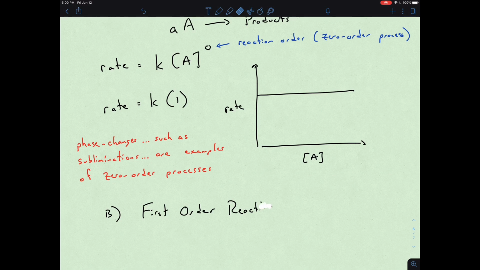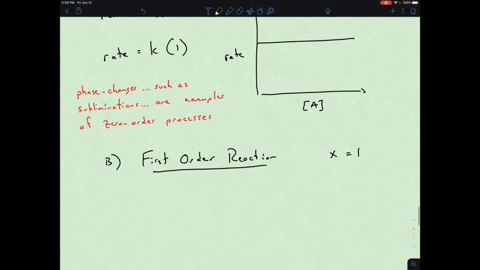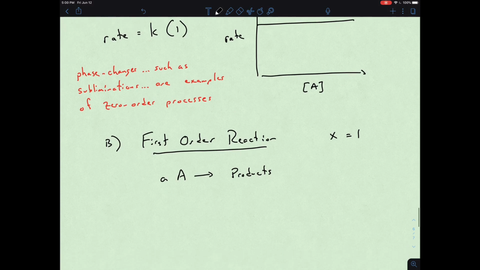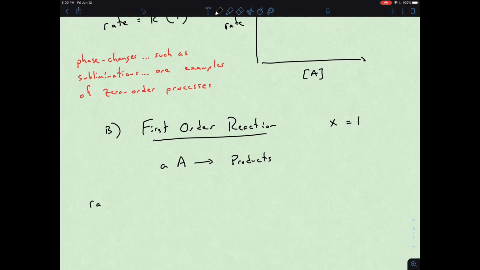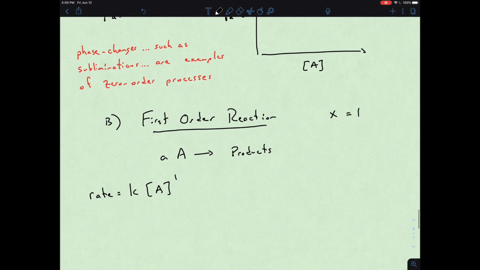So if we look at a first order reaction, now our x value is going to equal 1. So if we're looking at our conversion of A to products, our rate would be equal to little k times the concentration of A raised to the first power.